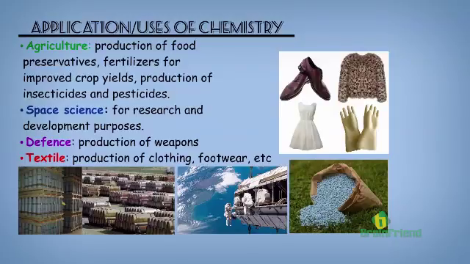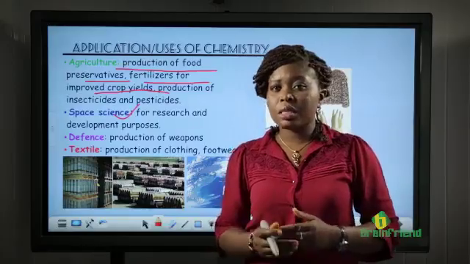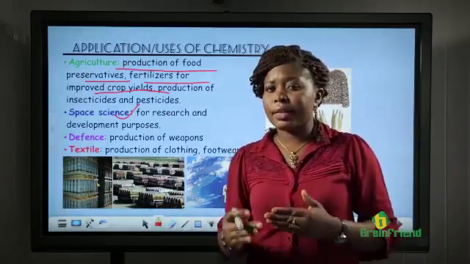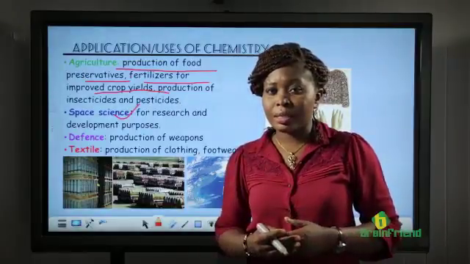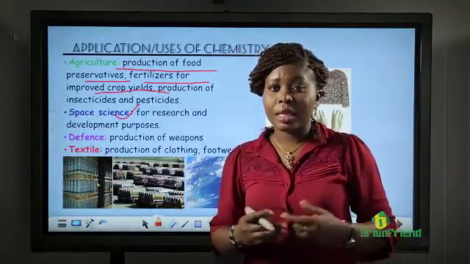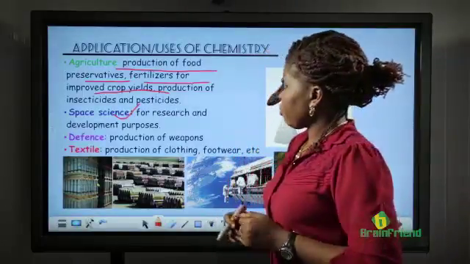In agriculture, chemistry is used in the production of food preservatives, fertilizers for improved crop yield, and production of insecticides and pesticides. In space science, chemistry is used for research and for development purposes. Chemists also work hand in hand with other scientists, such as geoscientists or space scientists, in making research.